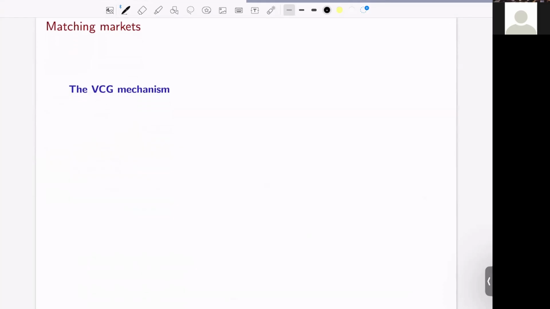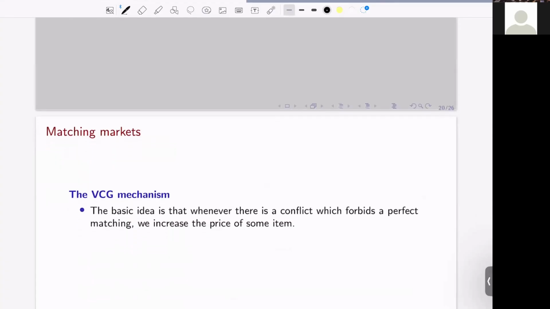This is called the VCG mechanism, which stands for the three inventors of this. The basic idea is the following. Whenever there's a conflict, like two people like a single item, or three people like only two items, in that case, we increase the prices of those items in the conflict.